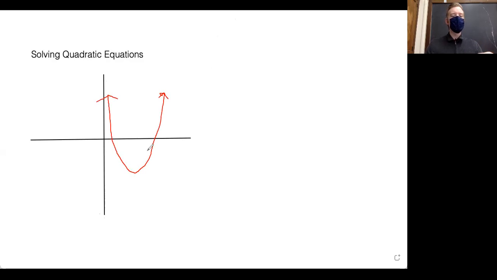Previously, we had solved for the y-intercept, we had solved for the vertex, we had solved for the axis of symmetry. But when we are asked to solve a quadratic equation, what we're actually looking for are the x-intercepts. We are looking for the places where the graph crosses the x-axis.